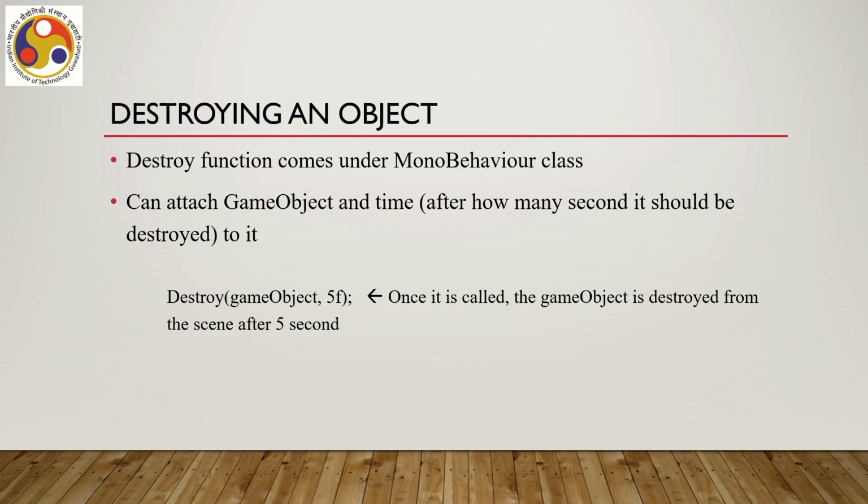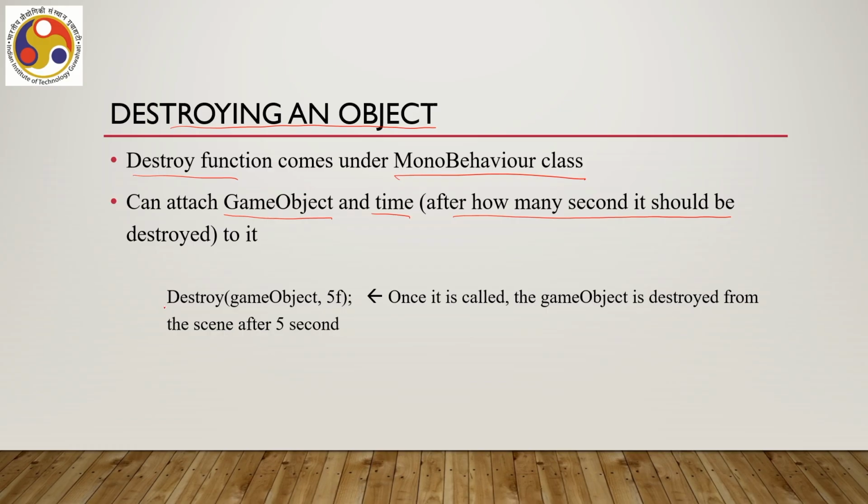There is an important concept called destroying an object supported by the scripting environment. There is a Destroy function that comes under the MonoBehaviour class. We can attach this function to the game object and specify a time after which it should be destroyed, typically in seconds.